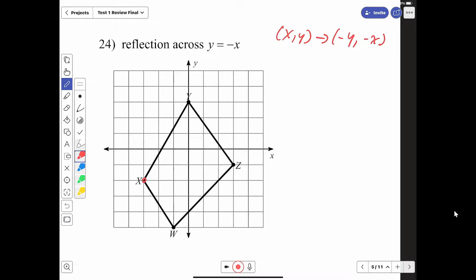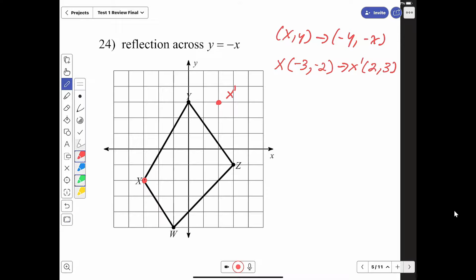So if we get X here, X is going to be negative 3, negative 2. So X prime is going to be 2, 3. So that's going to be X prime.